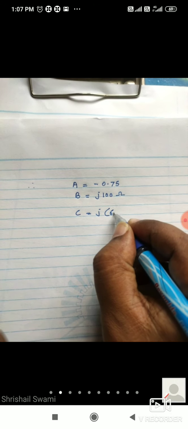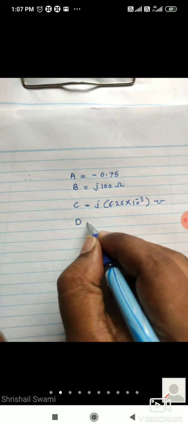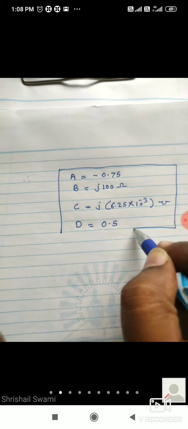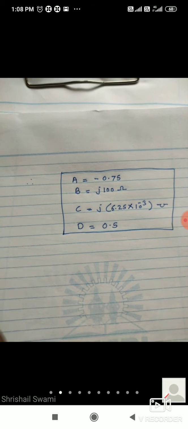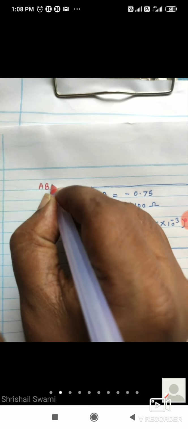B is equal to J100 ohm. C is equal to J into 6.25 into 10 raised to minus 3. Okay, that is mho, and D is equal to 0.5. So these are the answers of ABCD parameters. So you can write here ABCD parameters.